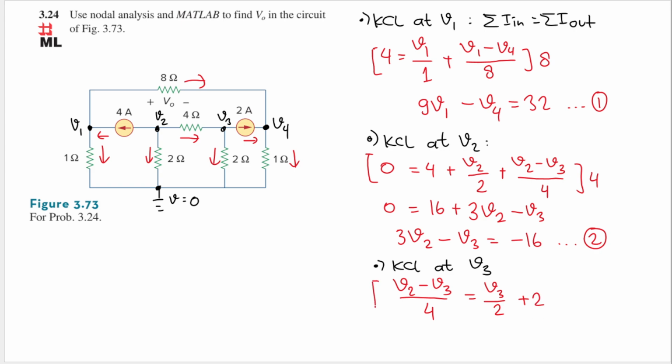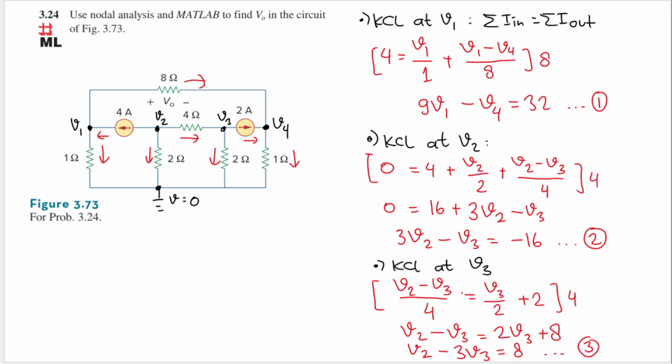Now let's multiply both sides by 4. We will have V2 minus V3 equals 2V3 plus 8. So V2 minus 3V3 is equal to 8. Let's save this as equation number 3.